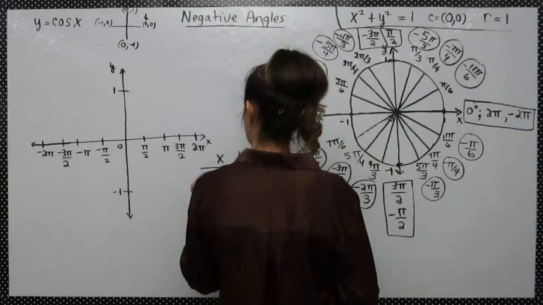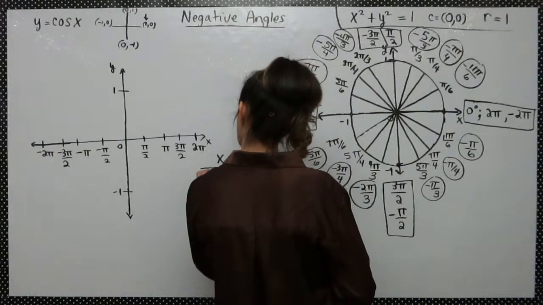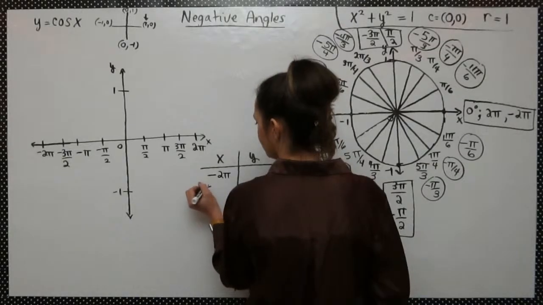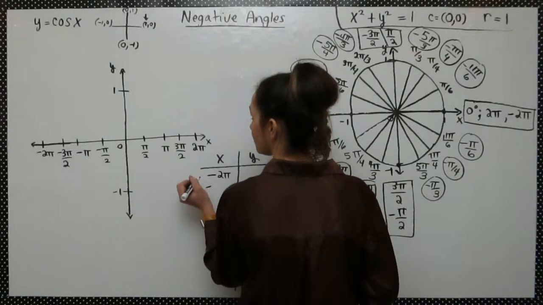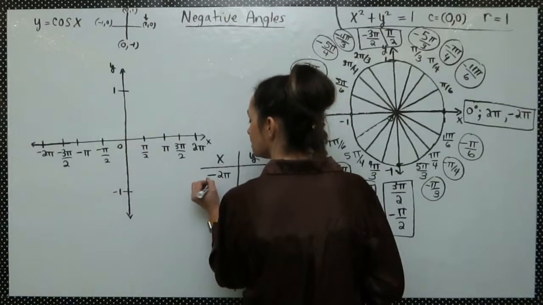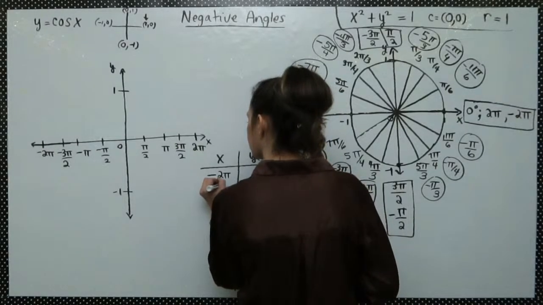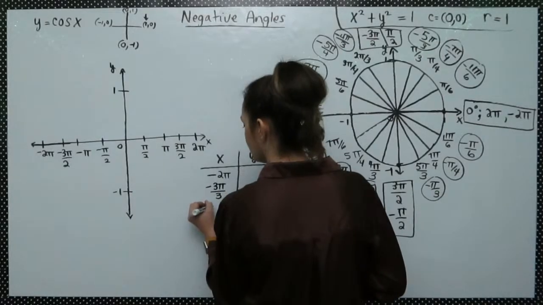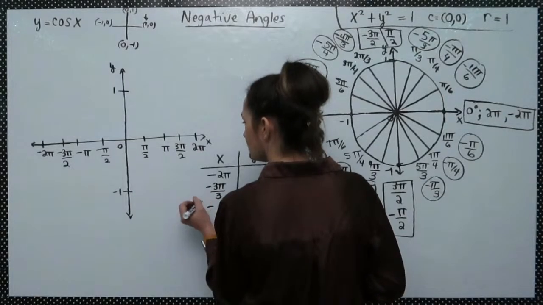All right, so we're going to start out with our lowest value first, negative 2 pi. We're going to list all of the values that we want to evaluate in our function in the domain here. We're going to start with the smallest value and just go in ascending order.